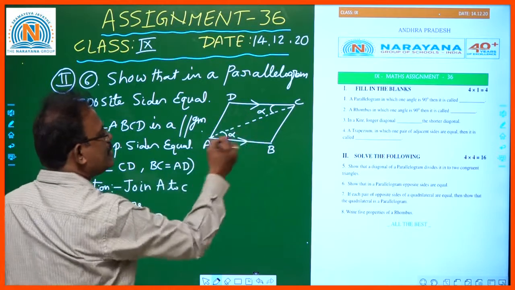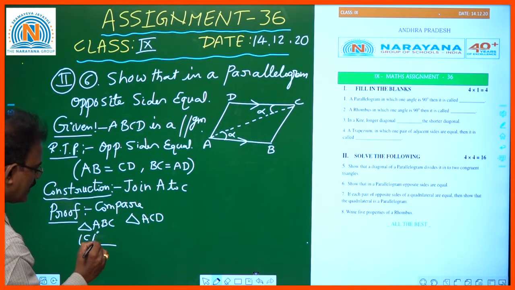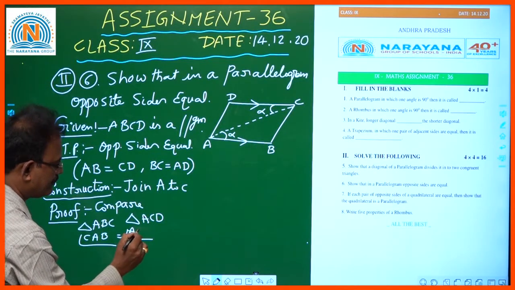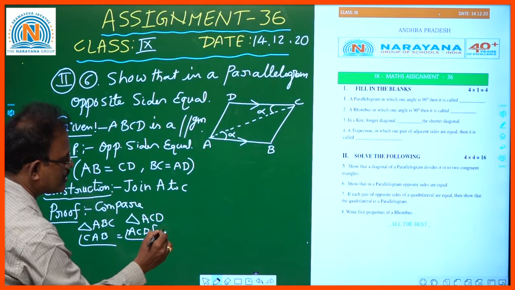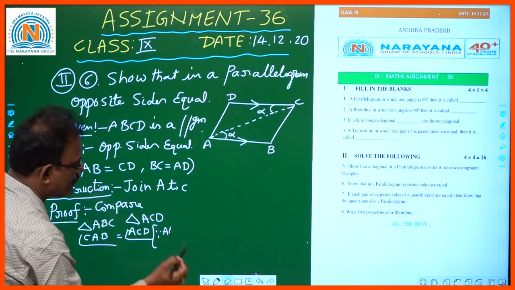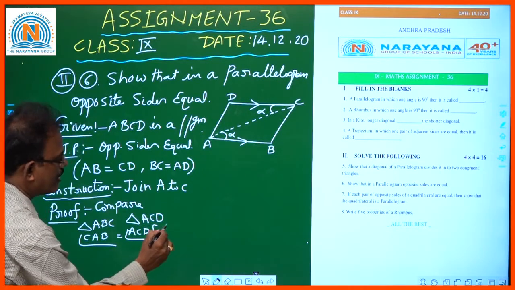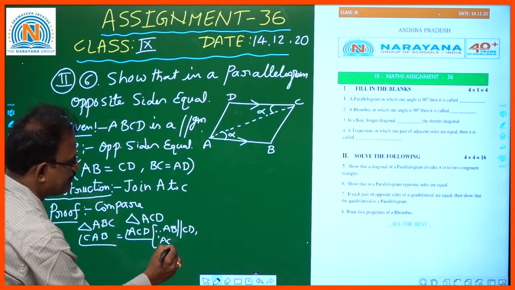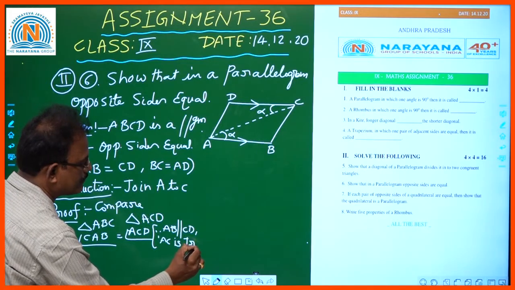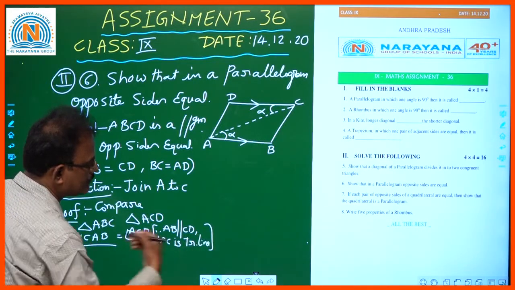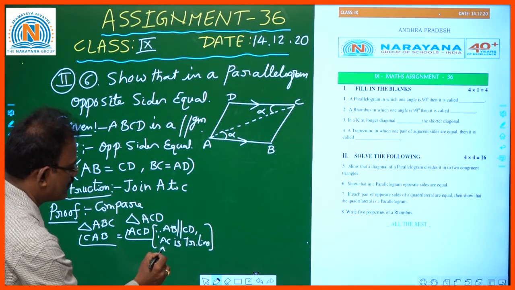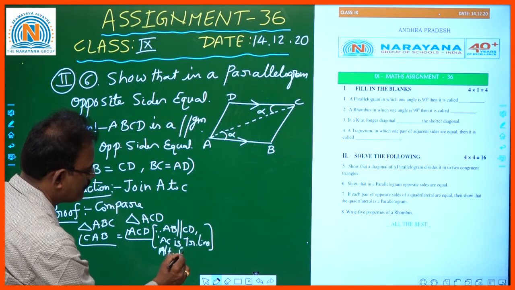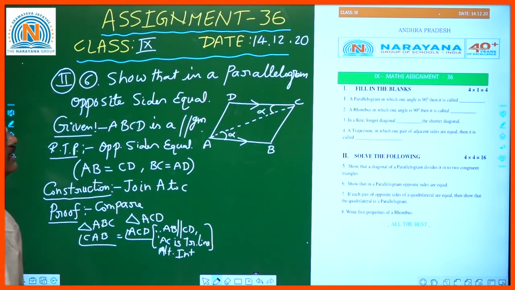So angle CAB is equal to angle ACD. This is because AB parallel to CD and AC is a transversal line, then alternate interior angles are equal.